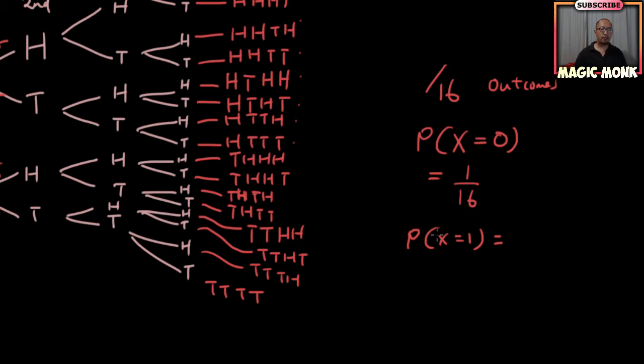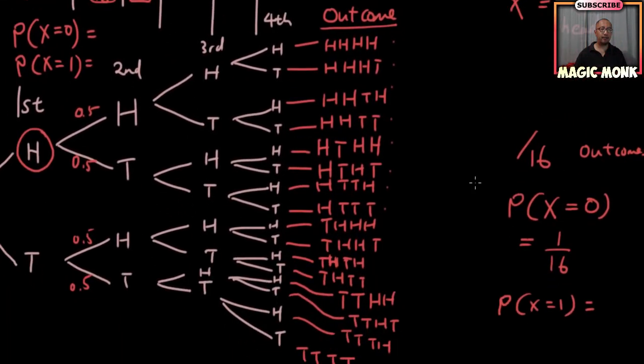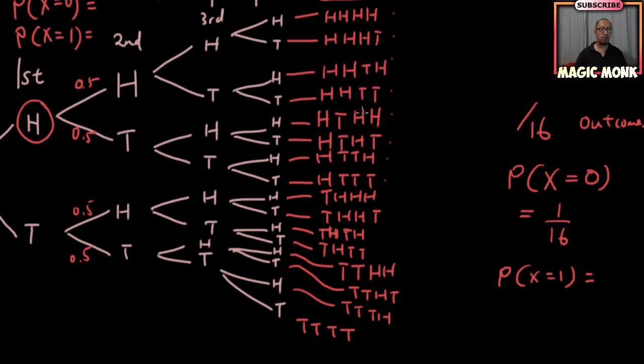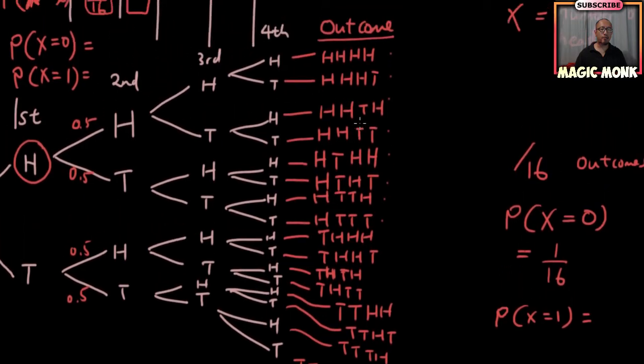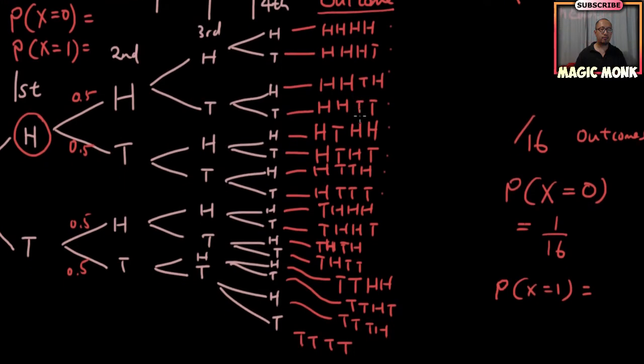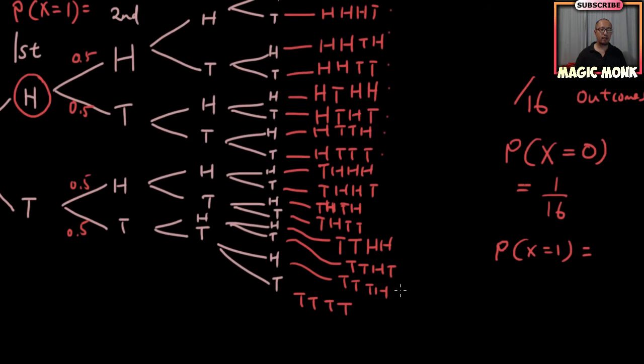Okay, so X equals 1. How many of these have 1 head? Should we count it? That has 4 heads, so definitely not that. I can see, boom, boom, boom. This has 1 head. What else?